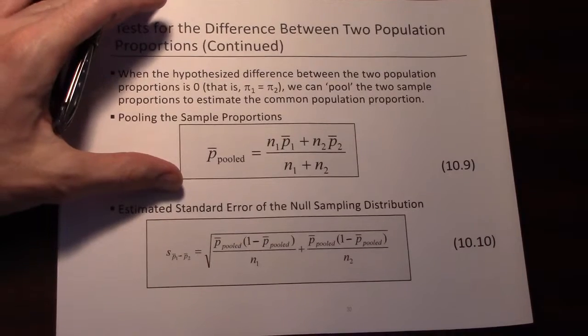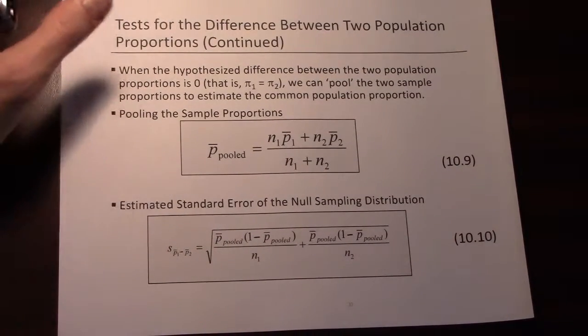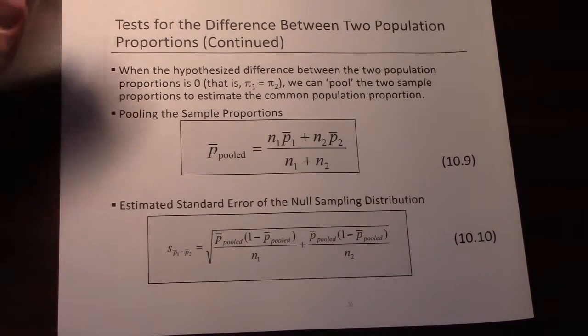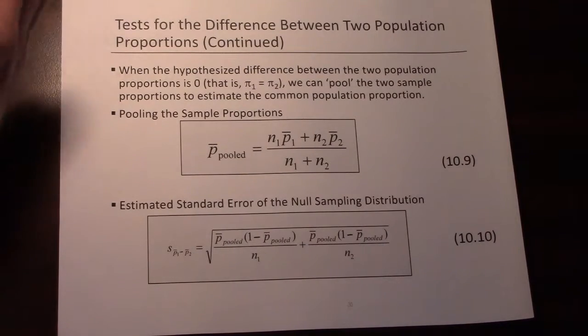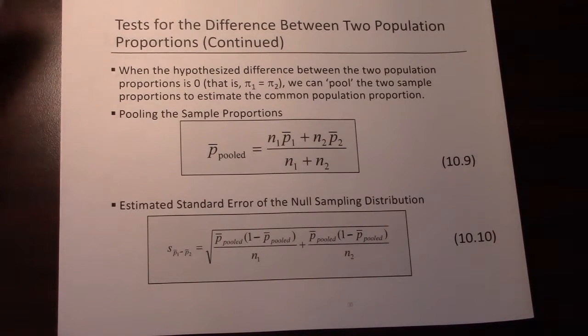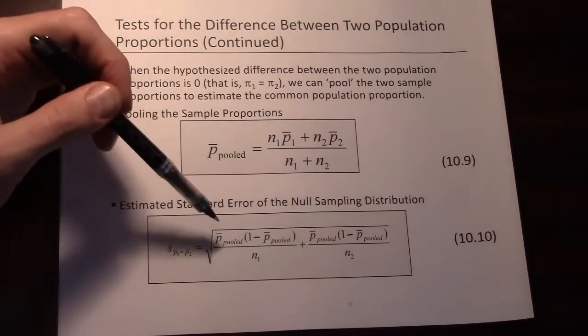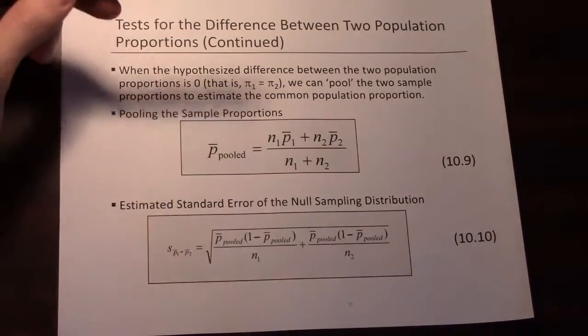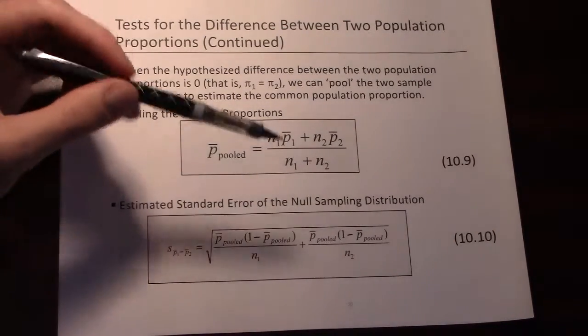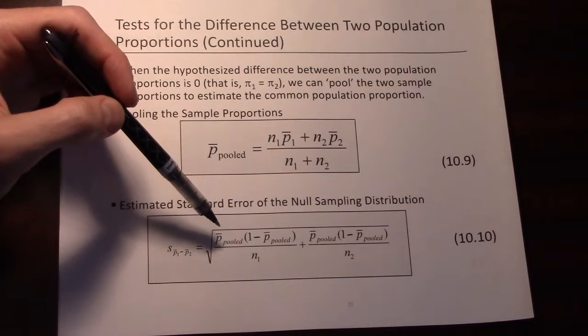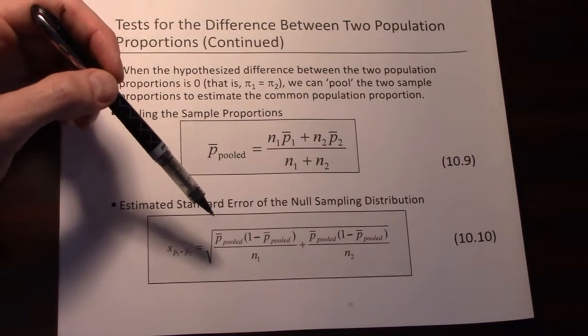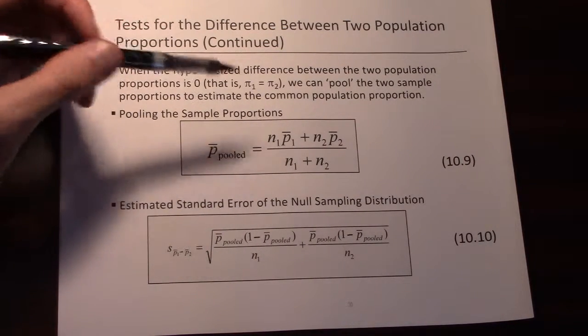So if we take the proportion of men who support Donald Trump, we take the proportion of women who support Donald Trump, and we do a weighted average of those. And that's going to be our pooled sample proportion that is going to help us find the standard error.